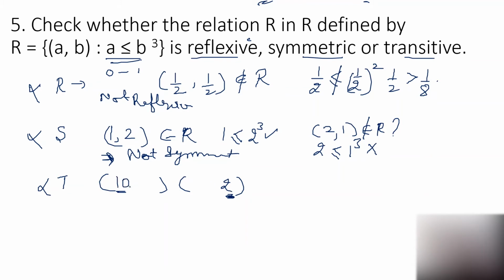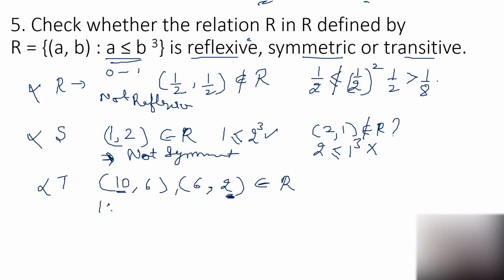Here we have taken 10, and its cube must be greater than this number. So we can consider 6 here, and here also 6. We must ensure that its cube is greater than this number. Absolutely right. So these are the numbers which belong to this relation.